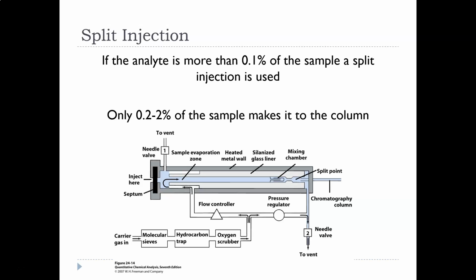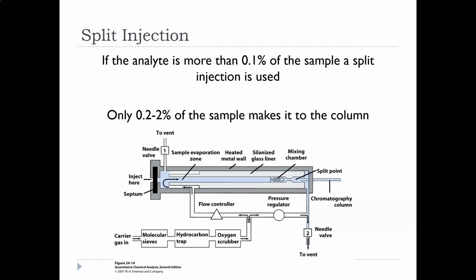Okay, so if the analyte, the chemical that we're measuring, is more than 0.1% of the sample, we need to do a split injection. Well, we could either do a split injection or you could dilute your sample so that it's weaker before you enter it into the instrument. But to be fair, often we just do a split injection. So what happens in the split injection, this has a picture here. You don't have to know all the parts of this picture.